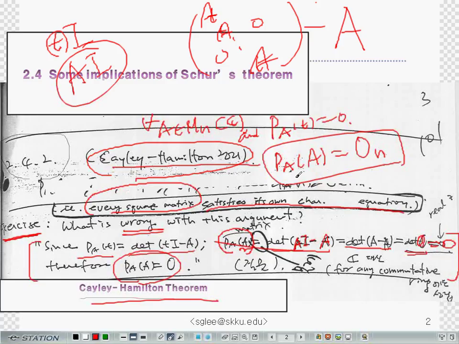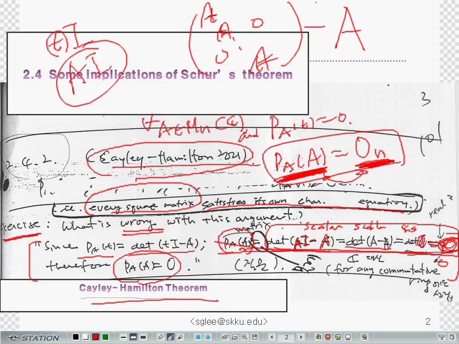The Cayley-Hamilton theorem says the right-hand side is the same as the left-hand side. Here this is a zero matrix. This is a matrix, and this is another matrix, and the Cayley-Hamilton theorem says these two matrices are the same. There's nothing wrong with this part, because the determinant of AI minus A is a scalar. This is a scalar, and this is a scalar, 0. That's true. It works.